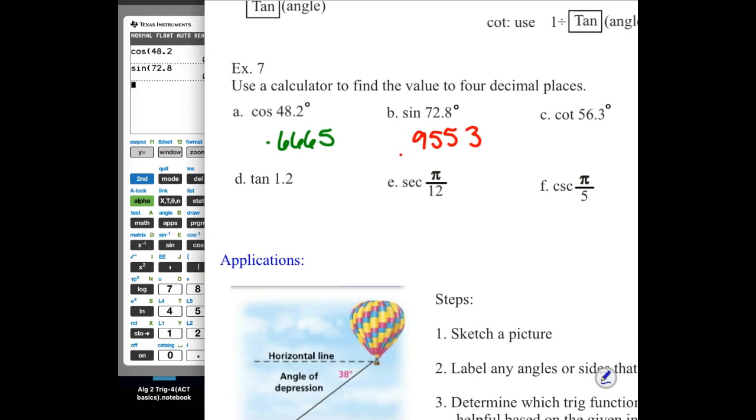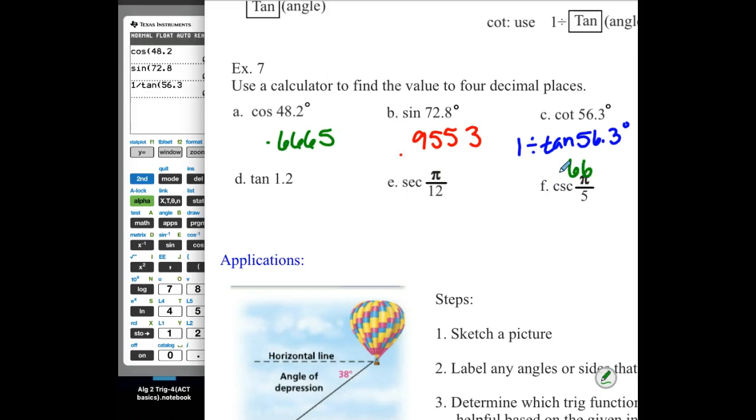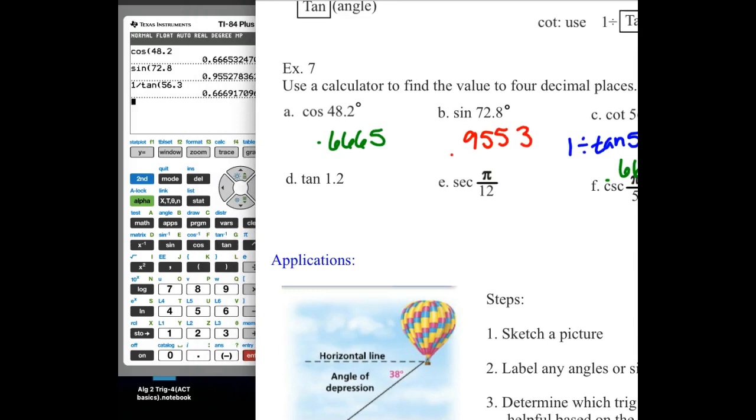All right, so we're going to type in 1 divided by the tangent of 56.3 degrees. And we should be getting 0.6669.